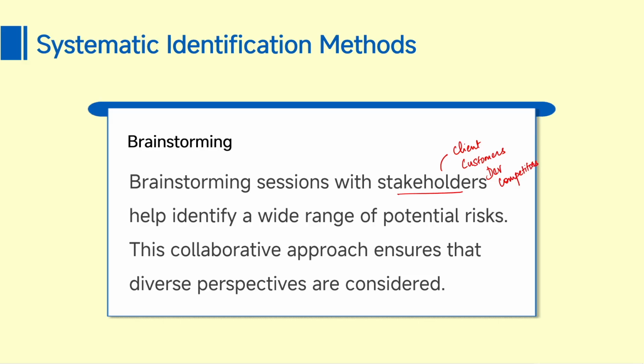So when you have multiple perspectives from each and every stakeholder, you might get a set of risks that is going to be associated with your project. So this is one basic method with which you can identify the risk associated with the software development.